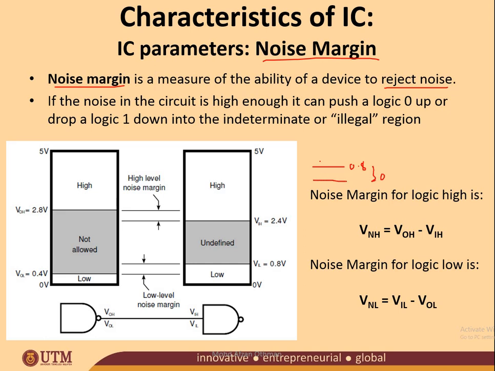If the noise is high, it can push the logic 0 up until it crosses into the area we call not allowed, or undefined. And if the noise in the circuit is high enough, it can also drop a logic 1 down, to also enter the illegal region. So this is the significant effect of the noise margin if it's too significant.